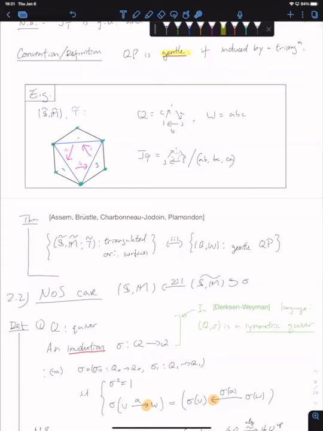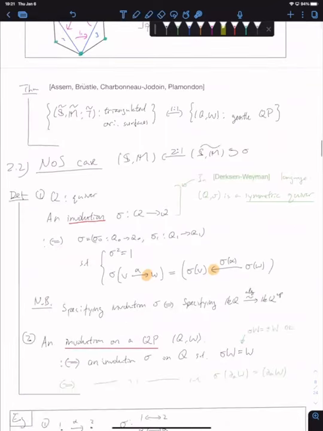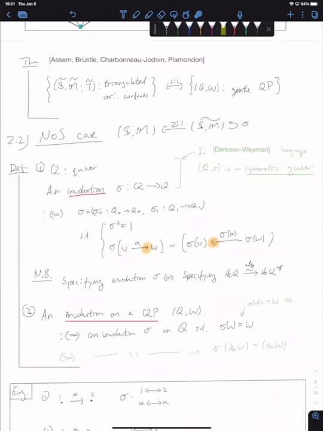We can do the same thing for non-orientable surfaces as well if we just remember that there's an orientable double cover and then a specific orientation-reversing automorphism of order 2 on this double cover. If you translate all of this to the combinatorial world, what you get is a quiver with an involution. In the language of Dupont and Raymond, they call this a symmetric quiver.